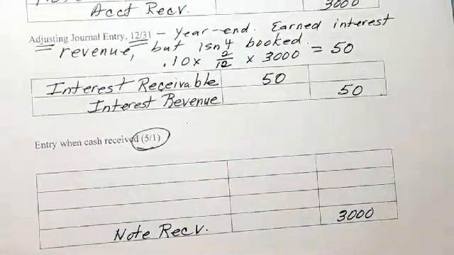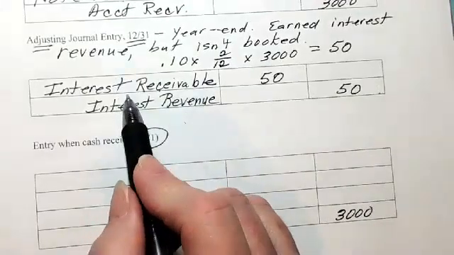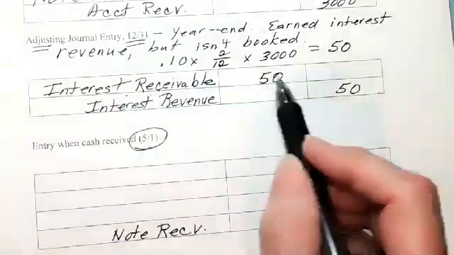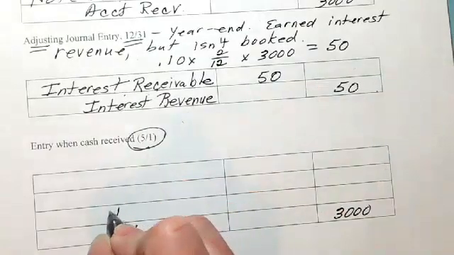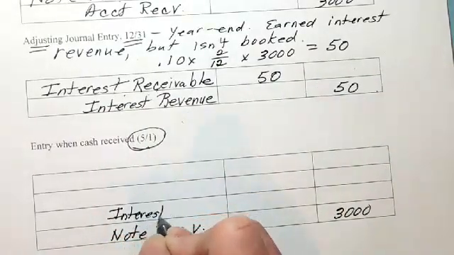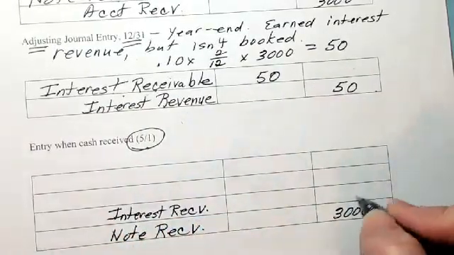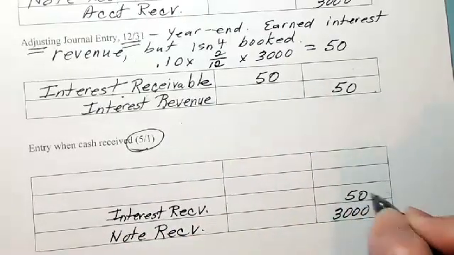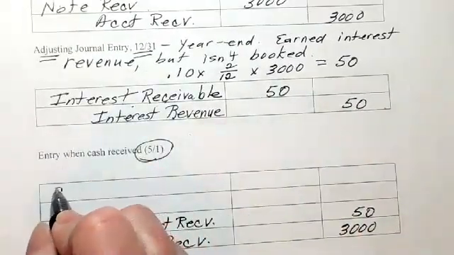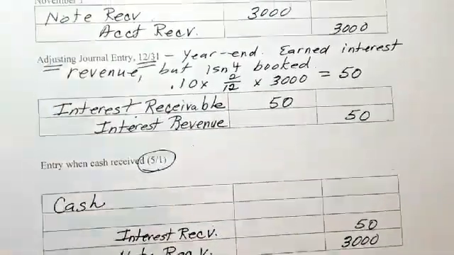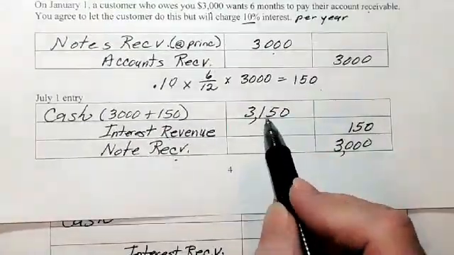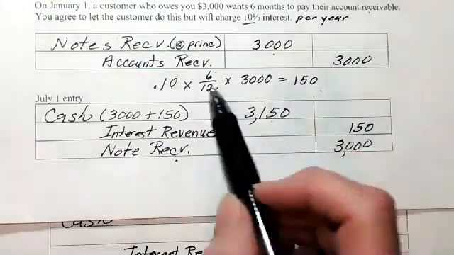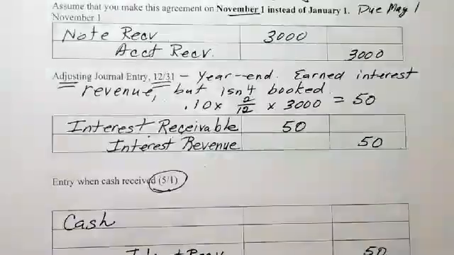This interest receivable, it's not receivable anymore, assuming they pay me right. That has to go away for the $50. The cash they're going to give me is this $31.50, but you can go through this calculation again.